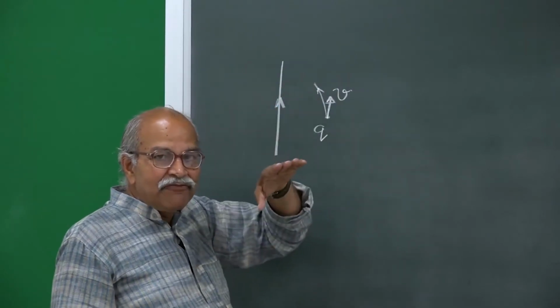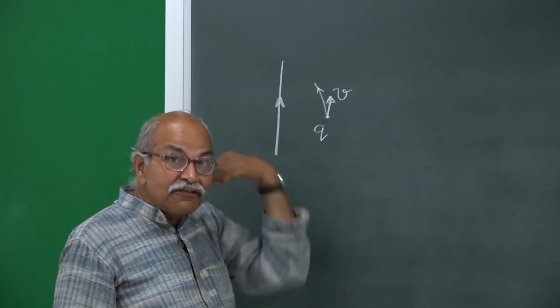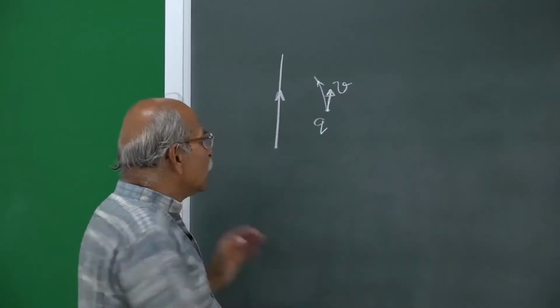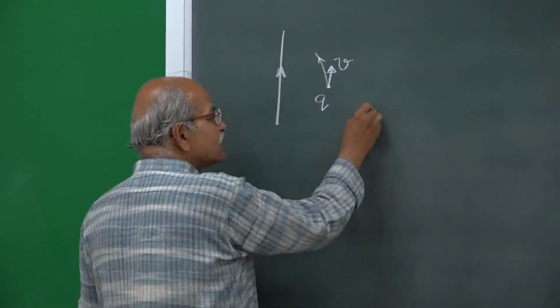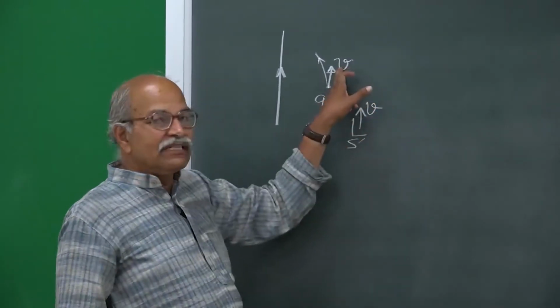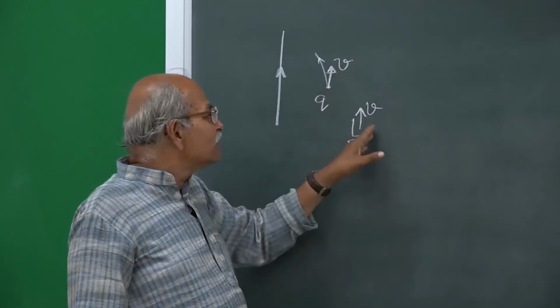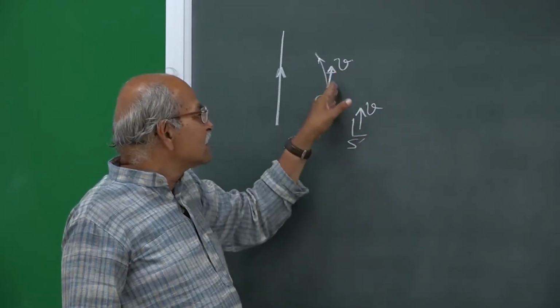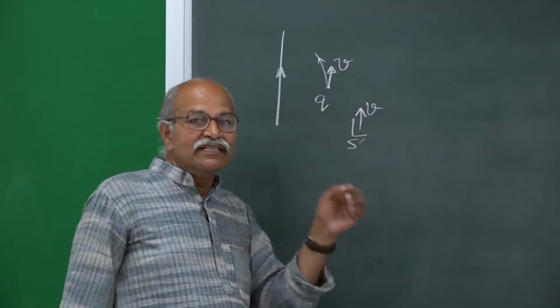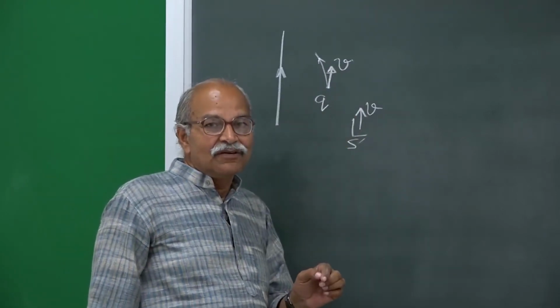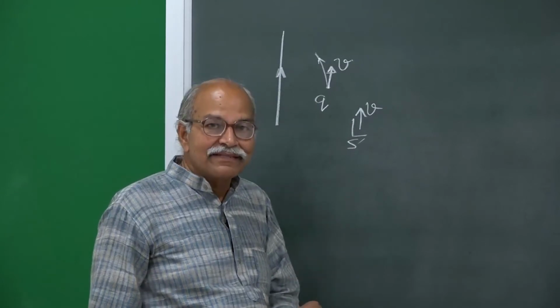But then if I go to another frame which is also moving, suppose I have a frame which is also moving in this direction with the same velocity v. In that frame this charge is at rest and the magnetic field does not exert any force on a charged particle at rest.